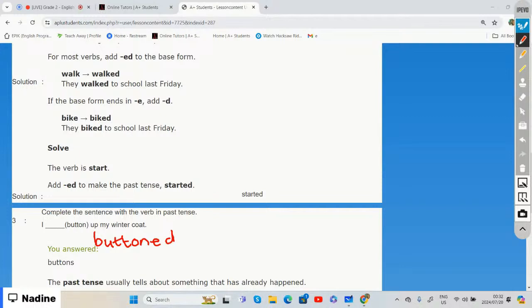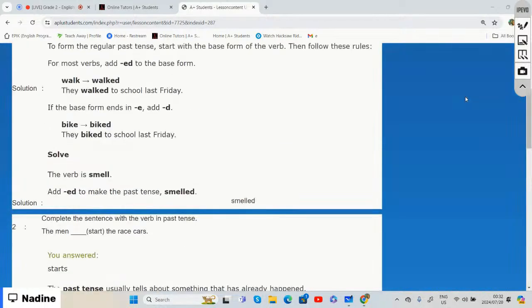And that is basically our activities. Now we're going on to the test. All right, so now we're going on to our test, right?